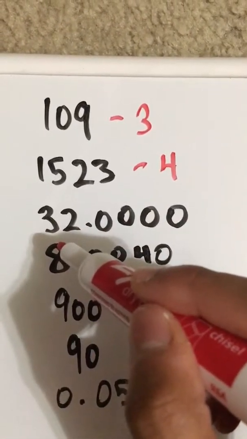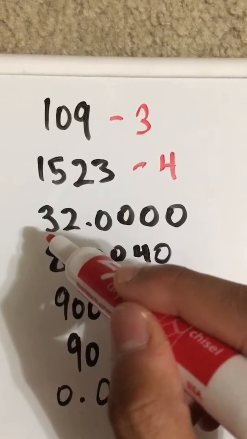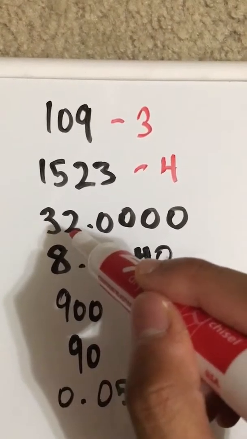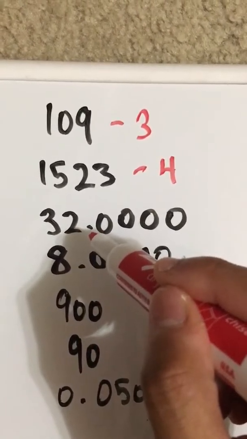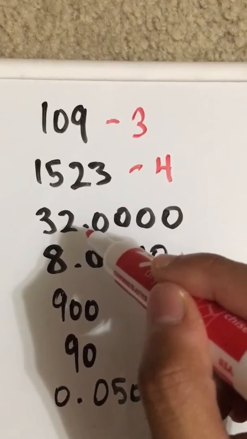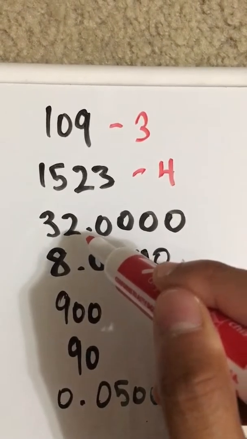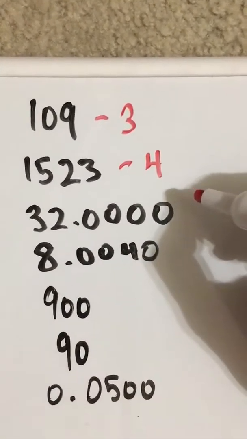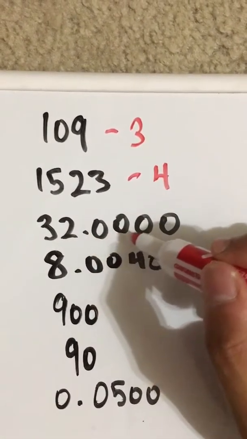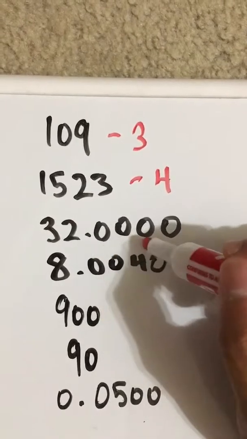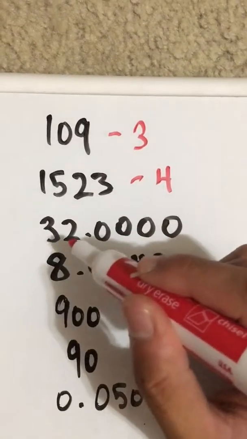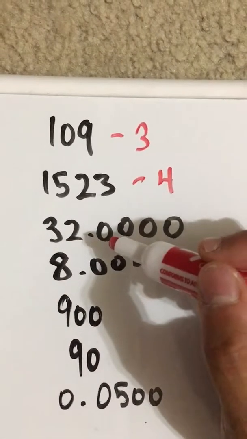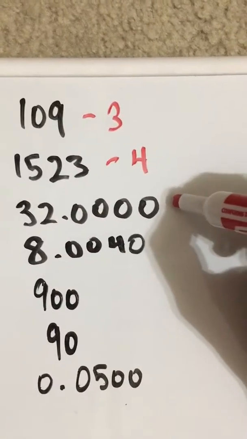How about this one? We have 2 non-zero numbers right here and a decimal point. And remember, zeros at the end of a number after a decimal point are significant. So these all are significant because they're all at the end of a number. So how many significant figures is this? 6.